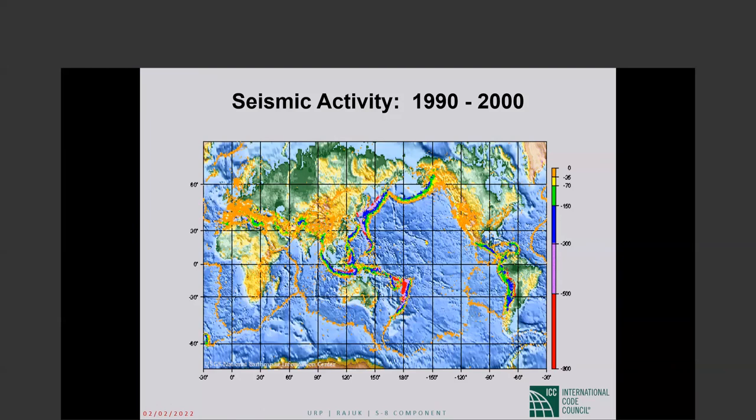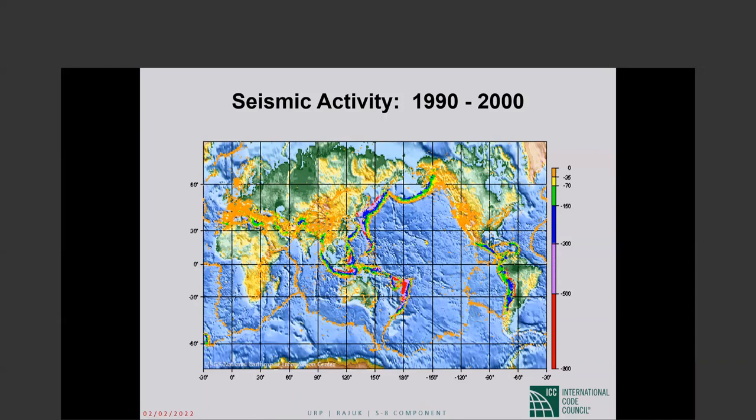The color indicates the depth of the focus. The color that is most common is very shallow focus earthquakes. As you go from that color to this color to green and so forth, you are looking at deeper and deeper focus earthquakes.